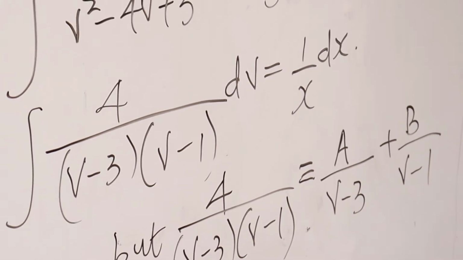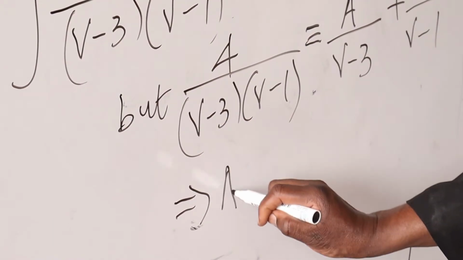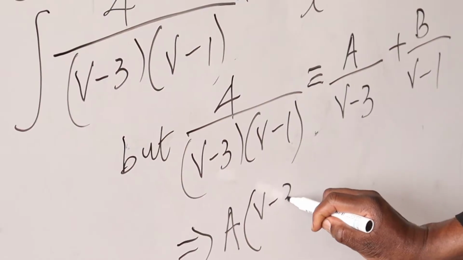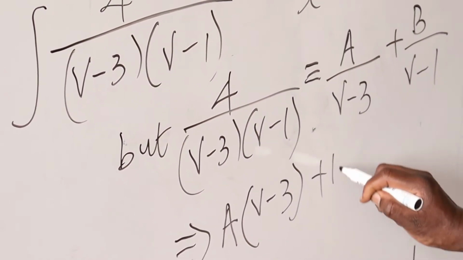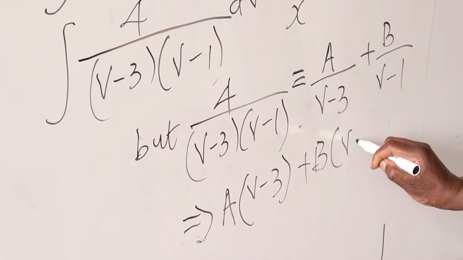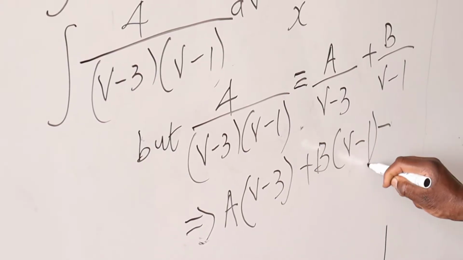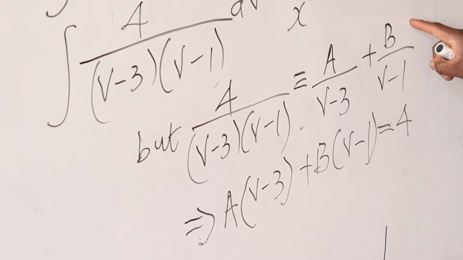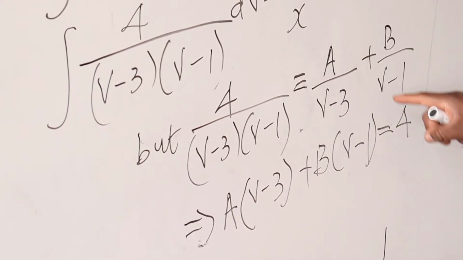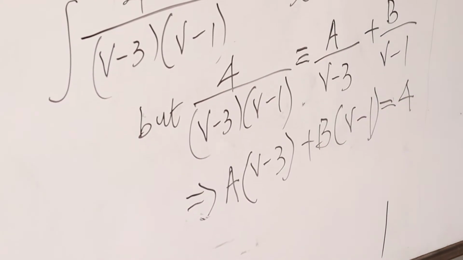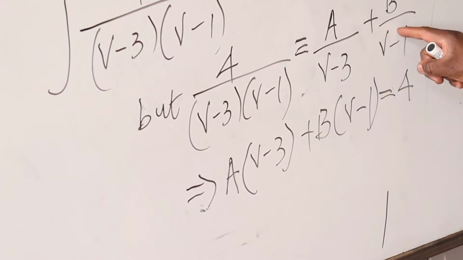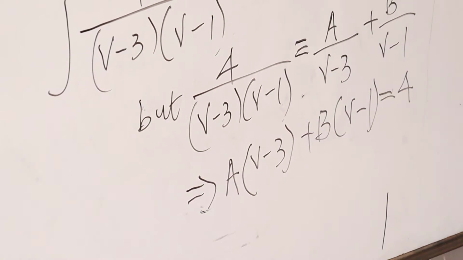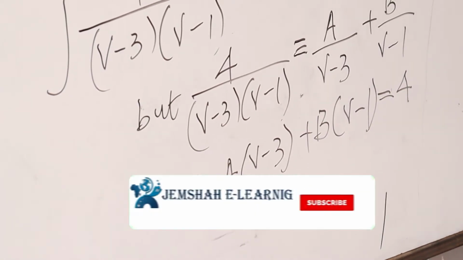This implies A into v minus 1 plus B into v minus 3 is what is equal to 4. If we prepare the numerator of this side, that's what it will read. And this numerator should be equated to that numerator because the LCM of these two fractions will still be this particular denominator. So we equate.